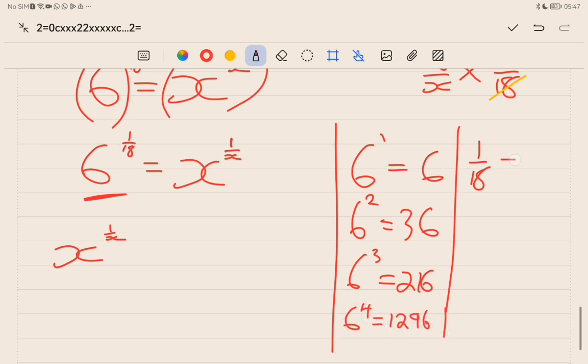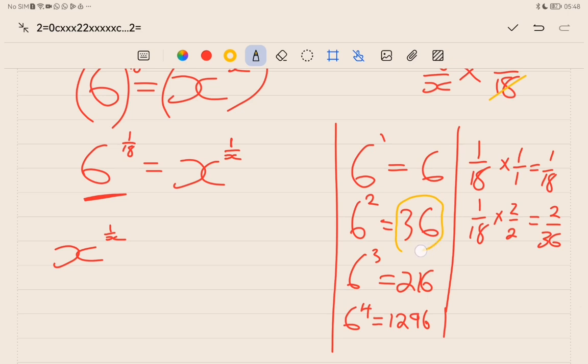Now let's move to the exponent. So 1 over 18 multiplied by 1 over 1 is 1 over 18, which you don't want. Then 1 over 18 times 2 over 2 equals 2 over 36. There's something you need to realize.